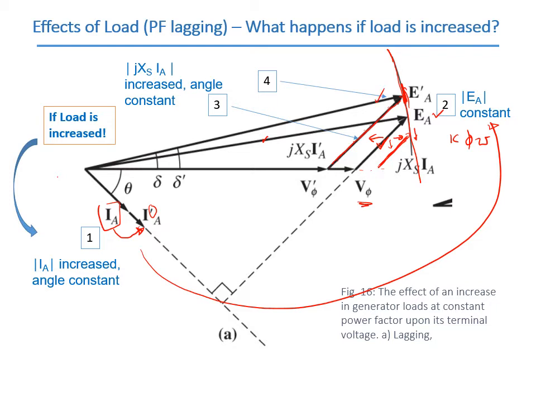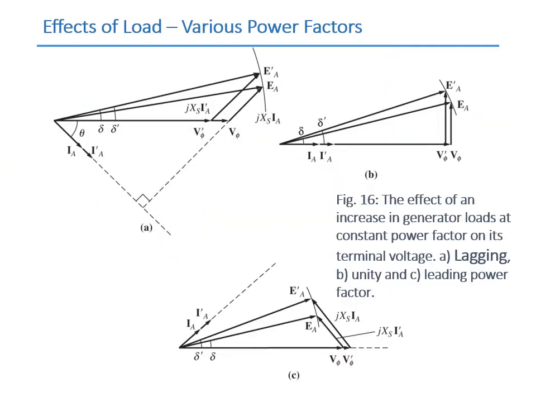This is the new EA that we get, and you can see that Vphi is now represented by this Vphi prime, which is the phase voltage, which is shorter than the original Vphi. So it means that if the load is increased, then the phase voltage will be lower. Okay, that's number 5, the new Vphi.